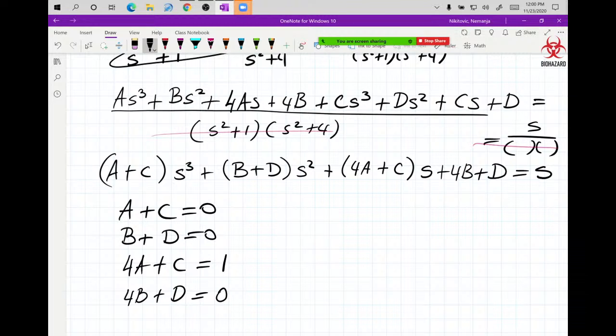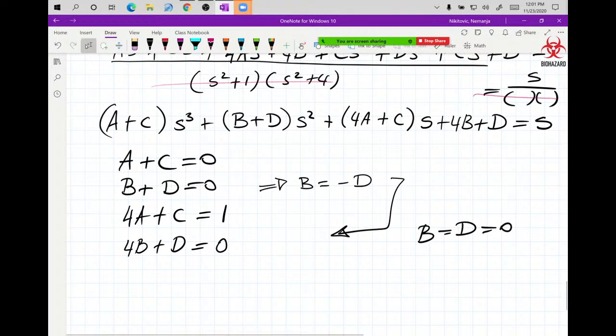And as you can see, the only equations that matter here are the first and the third equation, because if b plus d is 0, that says that b is equal to negative d, right? And then when you plug that in over here, you will get that b equals d equals 0. If you don't believe me, just go and do it.